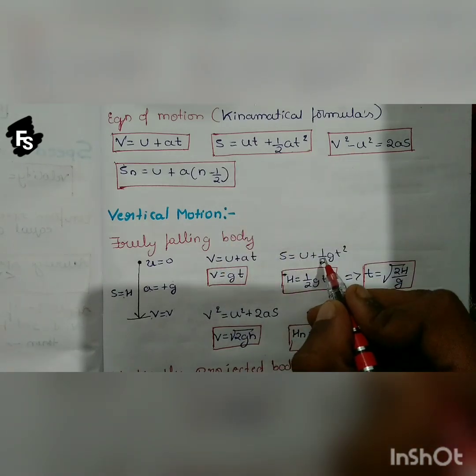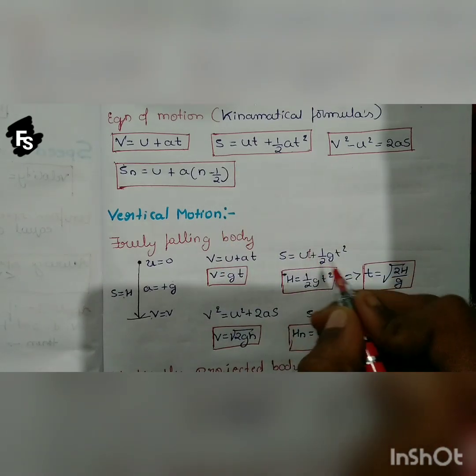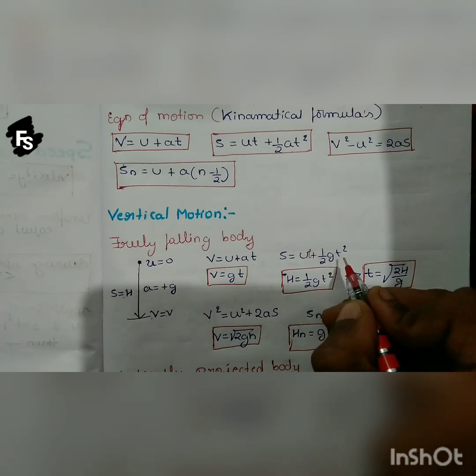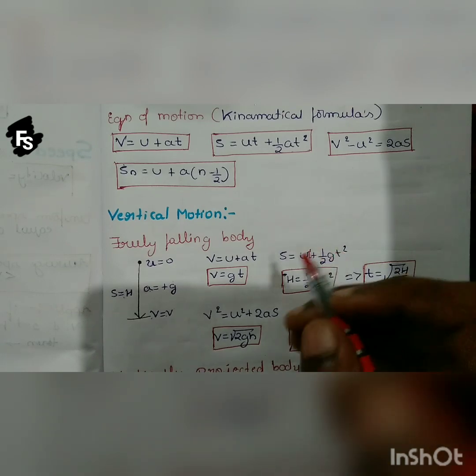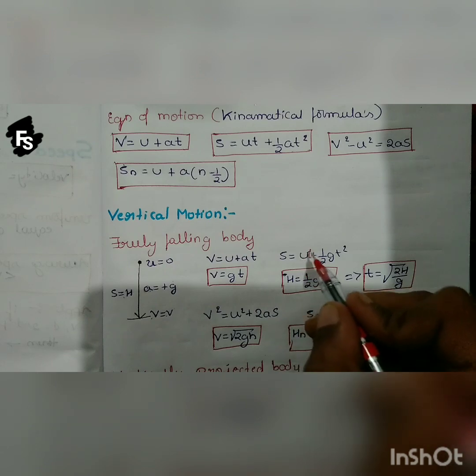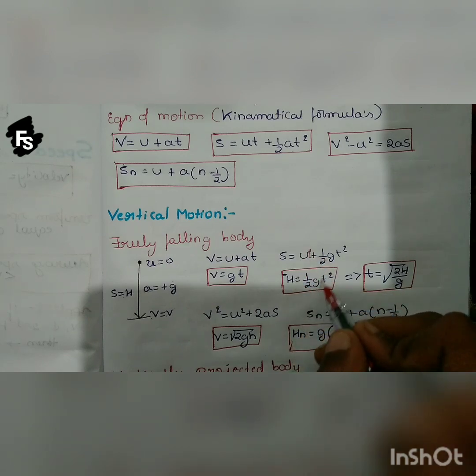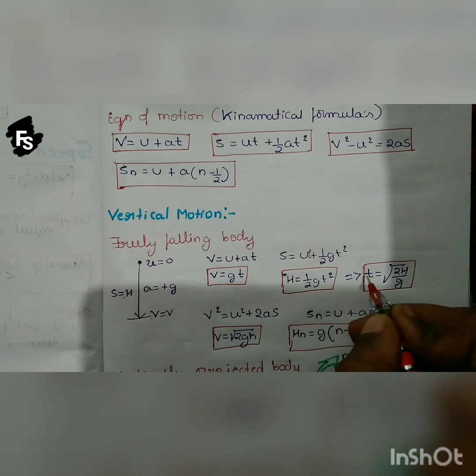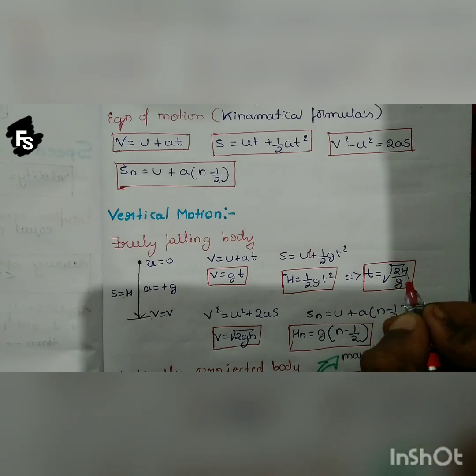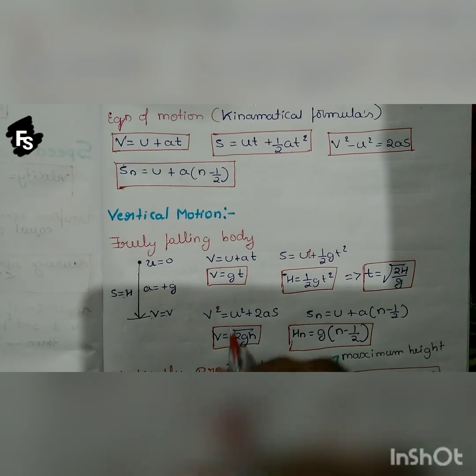Then for the second formula, s equals ut plus half gt square. Then apply, what is u? 0. So this whole term becomes 0. Then h equals half gt square. This is also written as t equals root of 2h by g. Then we move on to the third formula, v square is equal to u square plus 2as.